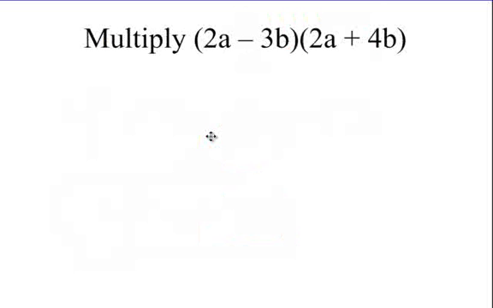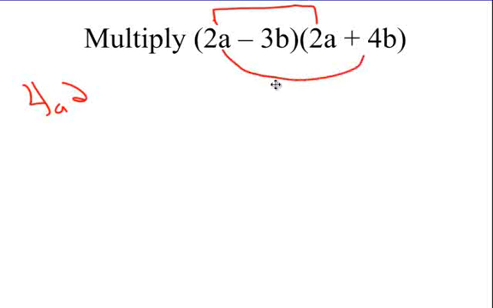Alright, last one. We'll try this one together. So just going first. So 4a squared outside. Some people think it makes like a face, right? Here would be a smiley face. We're going to put a nose on next. So outside 2a and 4b, so that's plus 8ab. Inside, I got negative, so minus 6ab, you betcha.